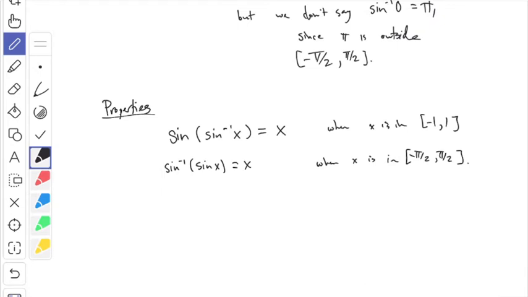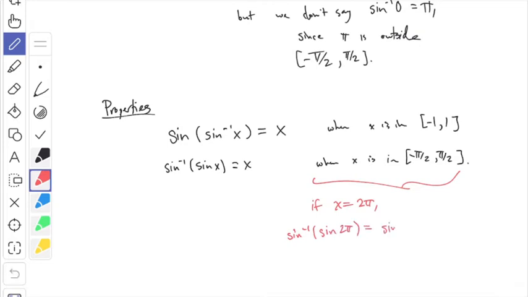So, just as an aside, if x equals, say, 2 pi, then I do inverse sine of sine of 2 pi. Well, if we actually compute this, sine of 2 pi is 0. So this would be inverse sine of 0, which is 0. That's not equal to 2 pi.